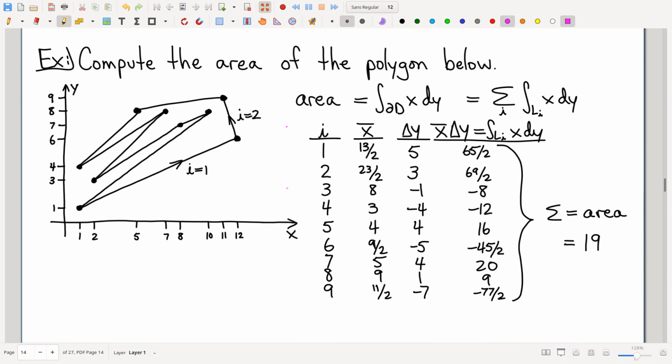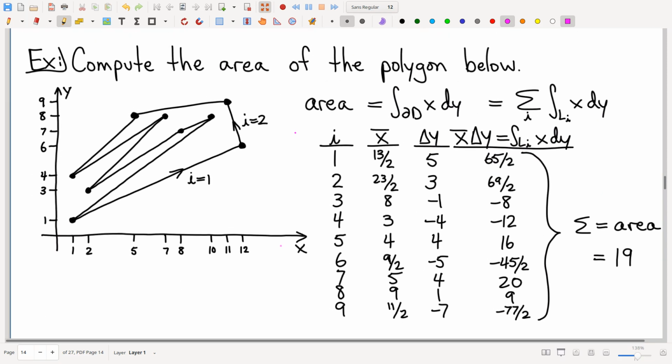Let me walk you through the first little bit of this. Looking at the very first line segment, the average value of x. X begins at 1, x ends at 12, and that average is 6.5. That's the average of the 2 x coordinates.